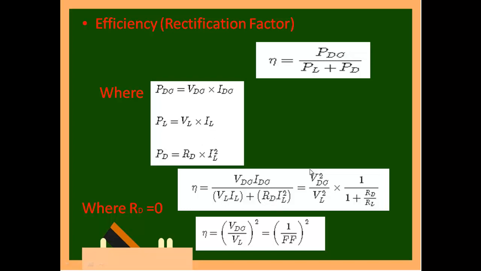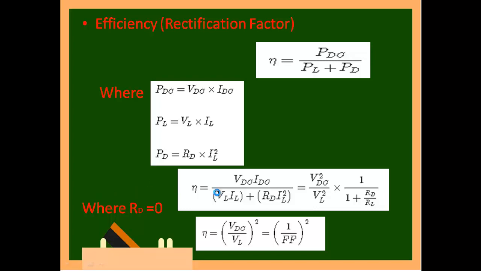So here, this IL VD square divided by VL square into 1 by 1 plus RD by RL, it will be there. And when you see this RD value is less, so this term gets totally removed and you get it as VD square by VL the whole square, which is none other than 1 by form factor square. Okay, that is your efficiency of the device.